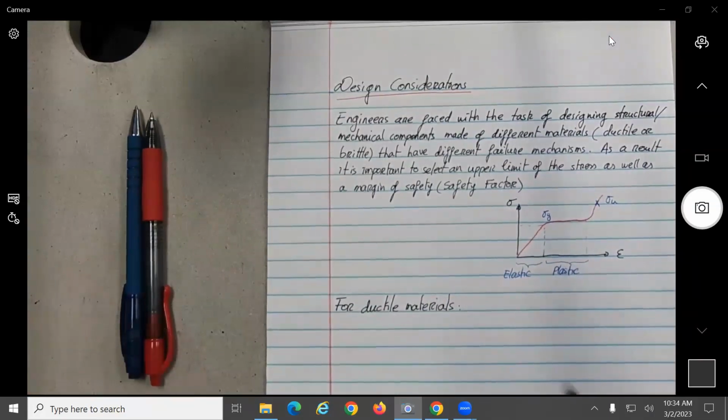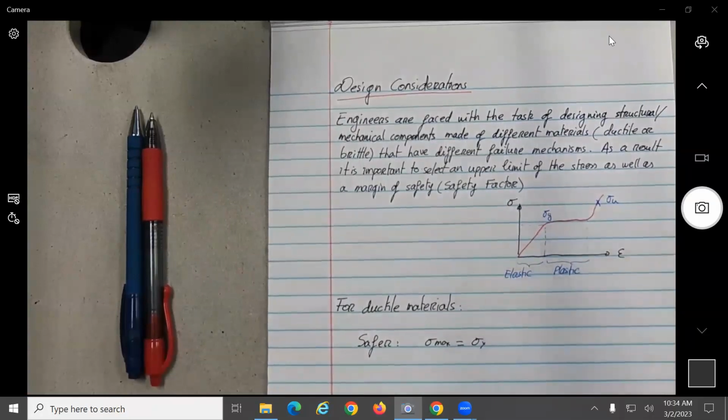But let's see, what would be the safer design? To put as our limit of stress the yield, no? Which basically will limit over here.